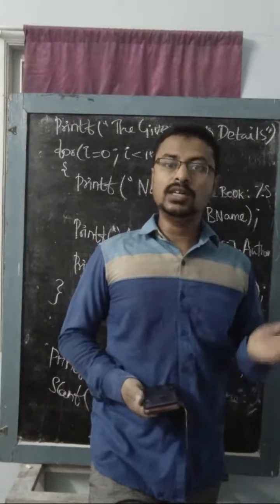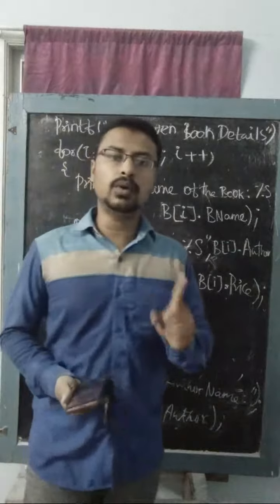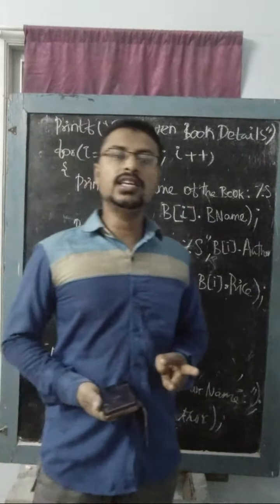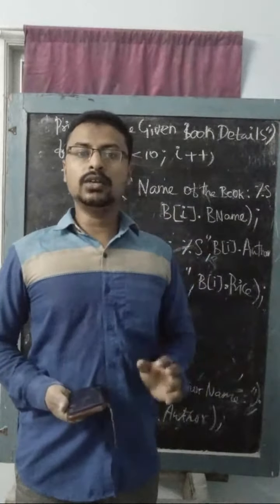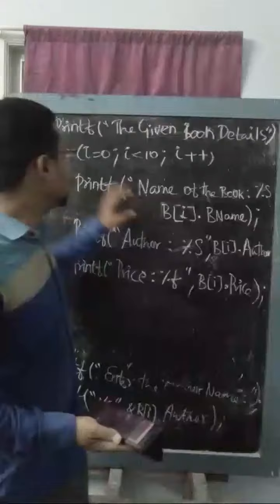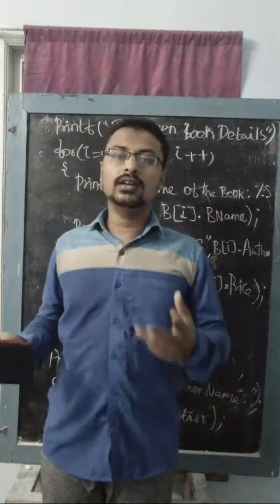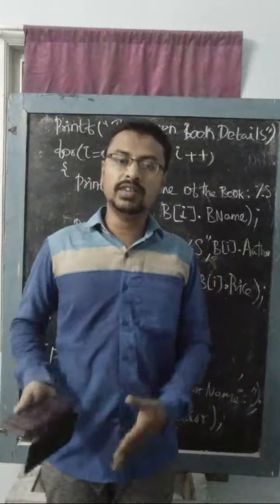Okay. So before that we saw there are 3 objects we created, that is B1, B2, B3. So for each and every object, we have to write at least based on the structure elements. At least we need to write two lines for each and every element.